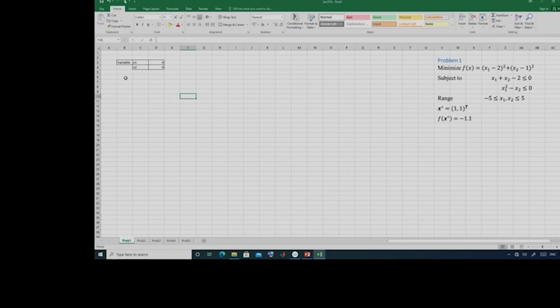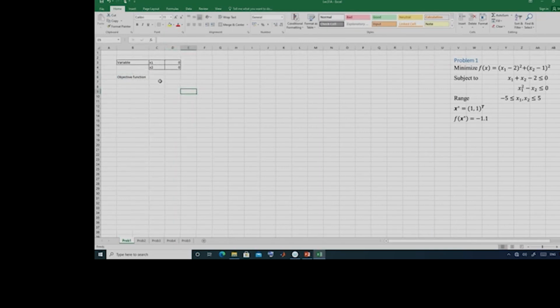And then let us write the objective function here. So I am writing f1 here. What is the objective function?